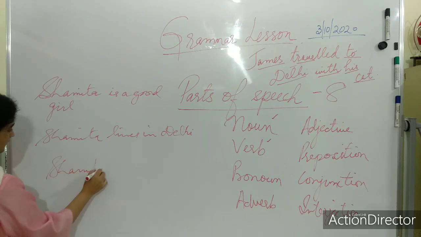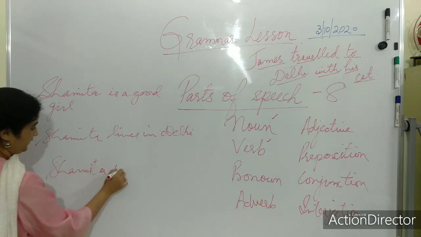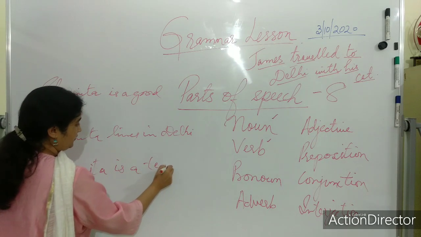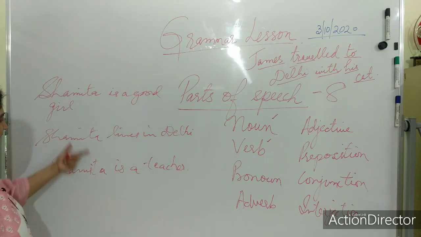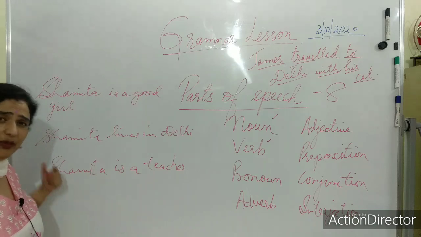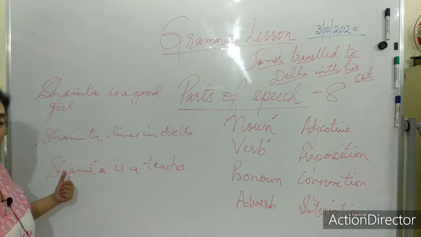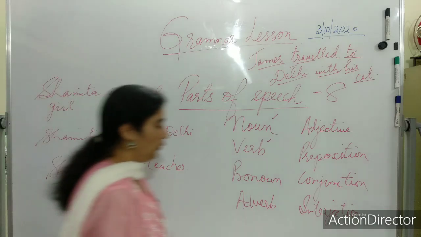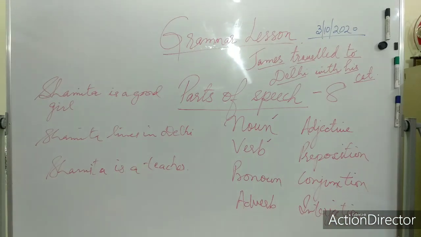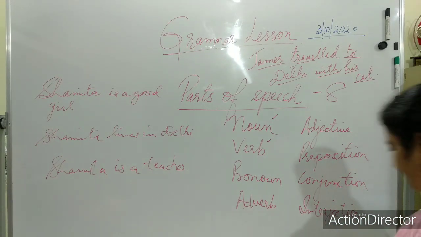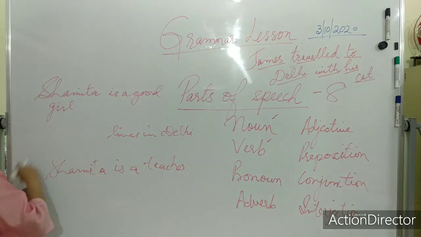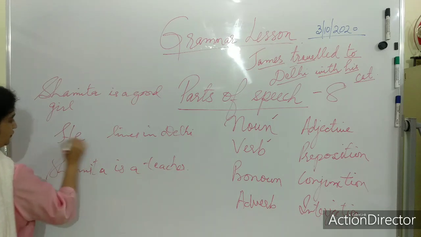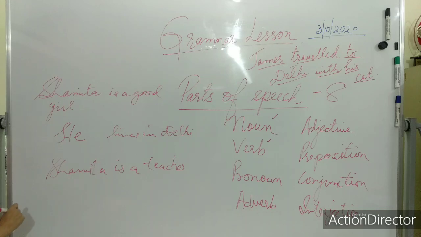Shamita is a teacher. Do we do this? Do we keep writing the name again? बार-बार नाम लिखते रहते हैं? No. What do we do? We replace the noun with she.